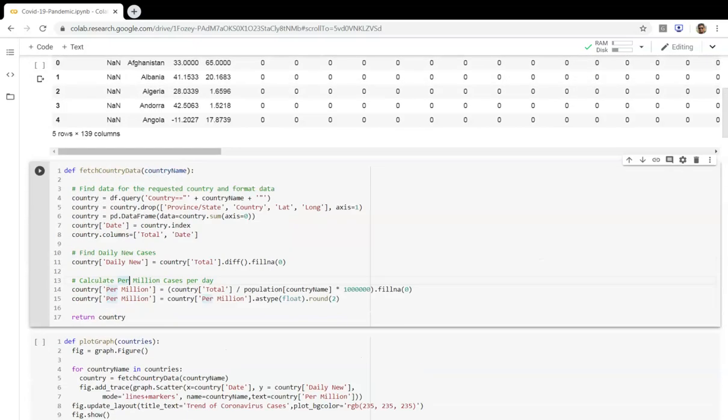I have created a function here. This function returns the data for a specific country. This is where I'm formatting the data, and here I'm finding the daily new cases for each day from the total, and here I'm calculating the per million cases per day.